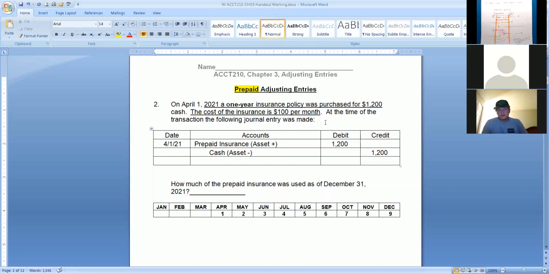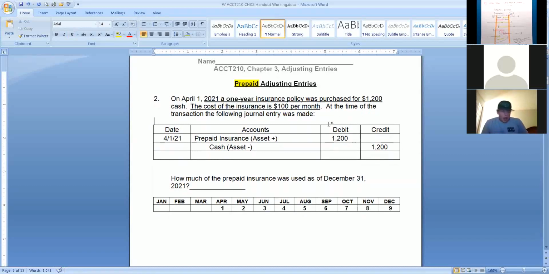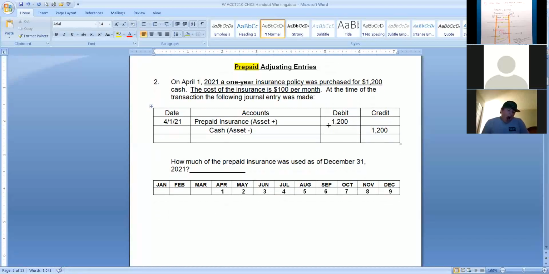How do you know it was $100 a month? This is 1,200 for a year, so you just do 1,200 divided by 12. Exactly. Yep. So the insurance was $1,200 divided by 12 months.